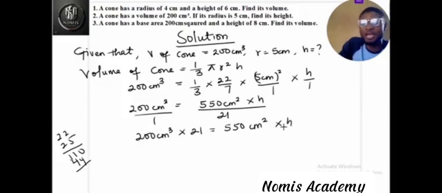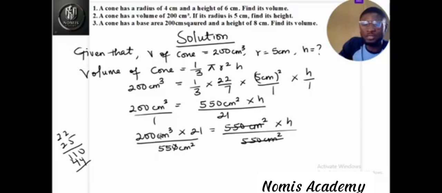So since I need to make height the subject of the formula, I will divide both sides by 550 centimeters squared. So this cancels this. I'm left with h here.